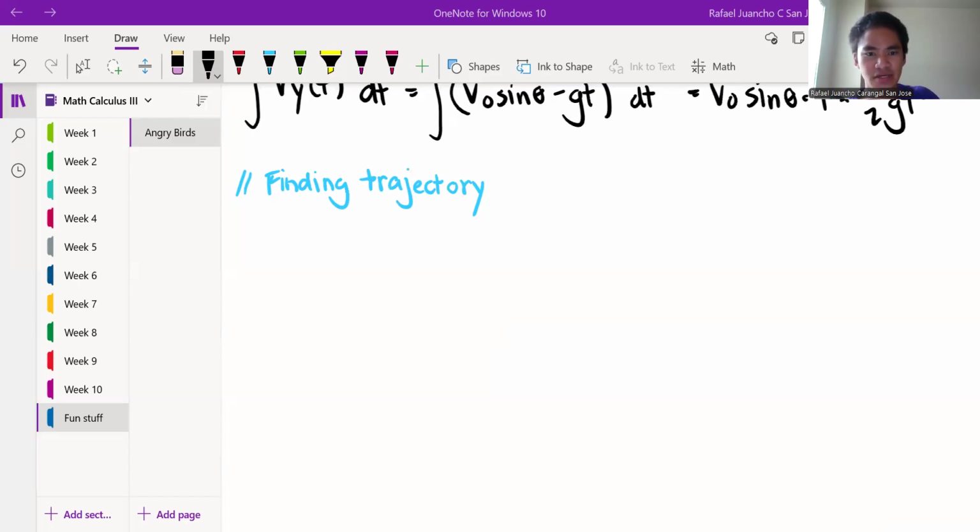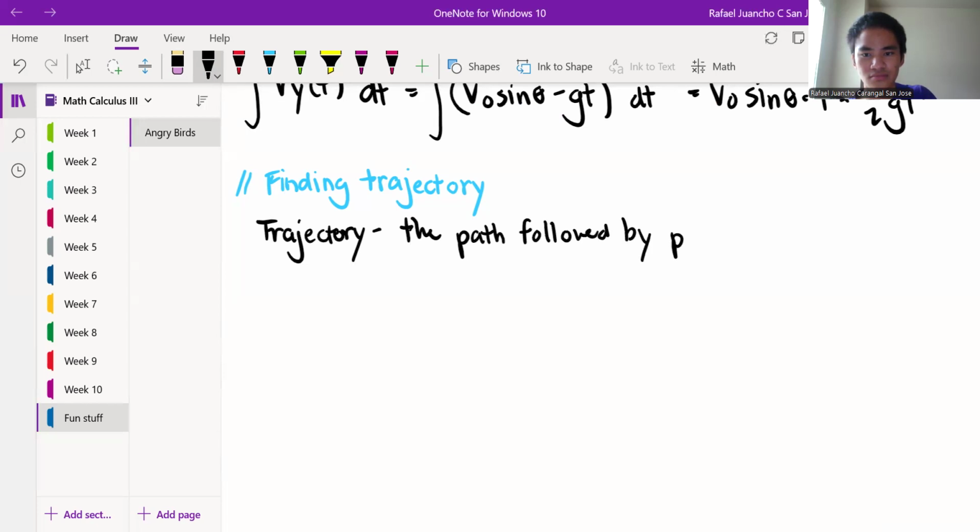So basically, in our case, we can actually use the definition in Google. Why not? Let's use that. The path followed by a projectile. That's the Google definition. So here our bird is the projectile.